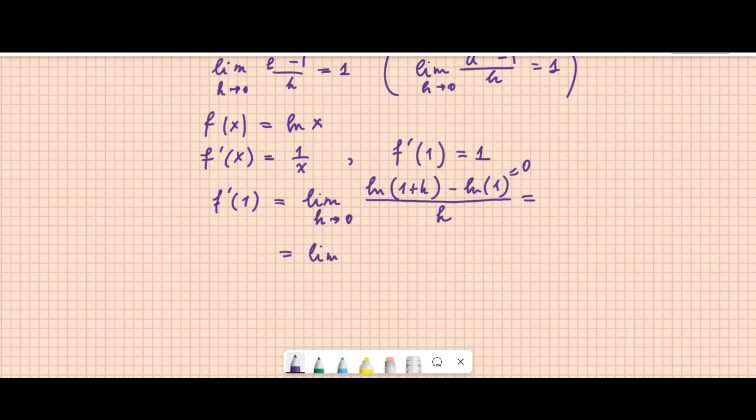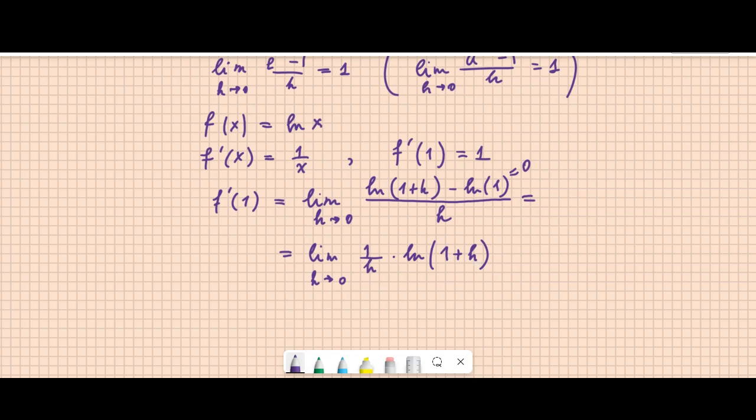And that's equal to the limit of 1 over h times ln of 1 plus h. You probably will ask me, why did you move the h from the denominator in front? Well, I have, of course, something in mind. We can do this because it's a fraction. If you do the multiplication back, you are just going to get exactly the same expression, ln of 1 plus h over h, right?